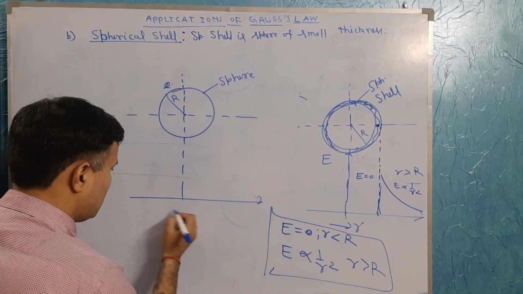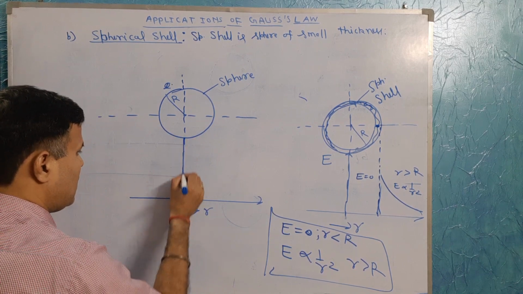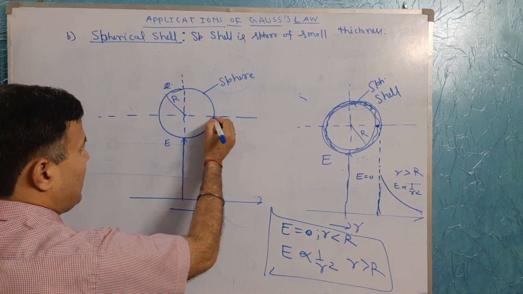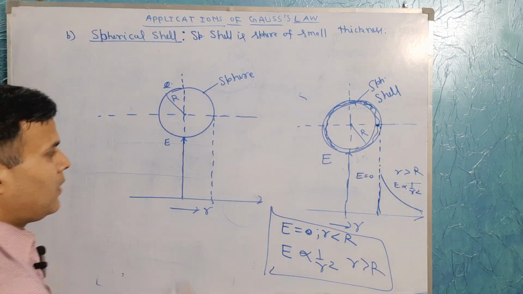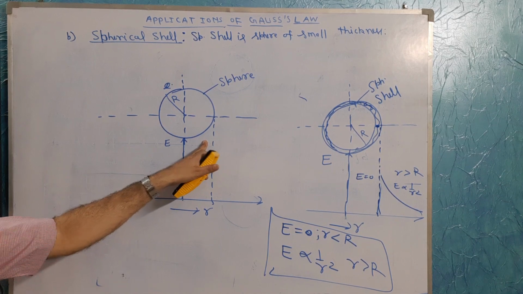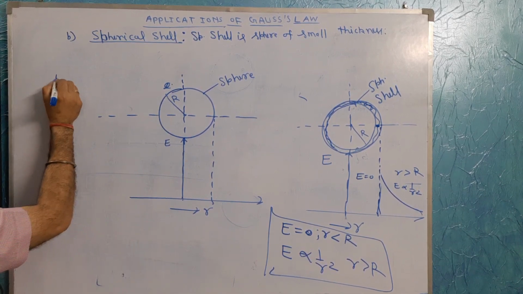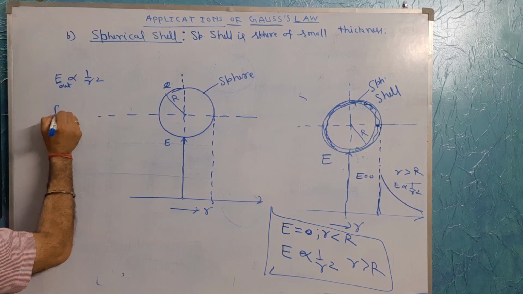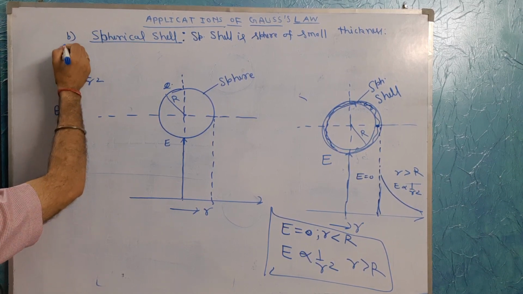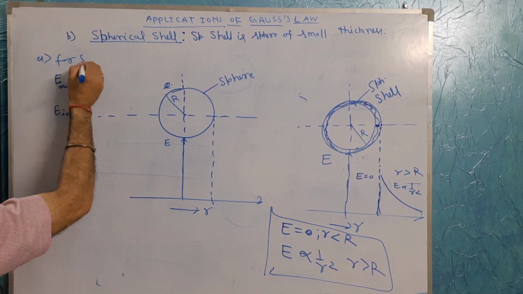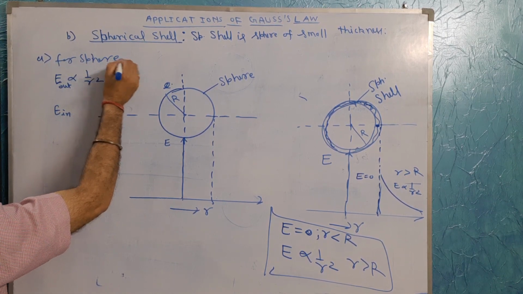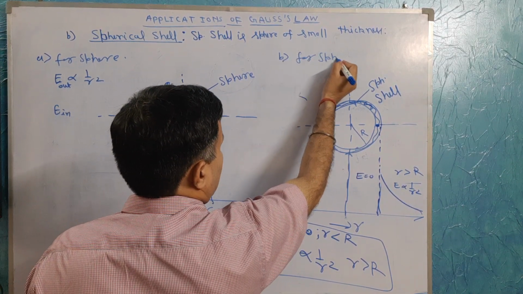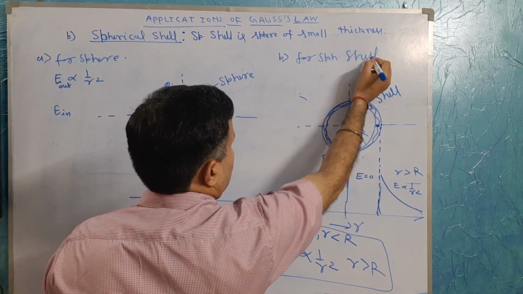This is distance, and this is electric field. What is the profile in this case? In this case, electric field E outside is 1 by r square, and E inside is, this is A for the sphere, and this is B for the spherical cell.